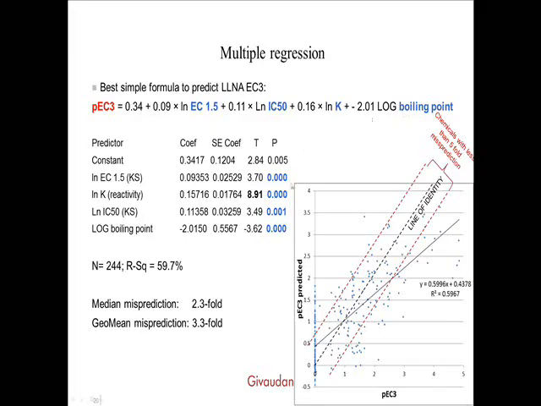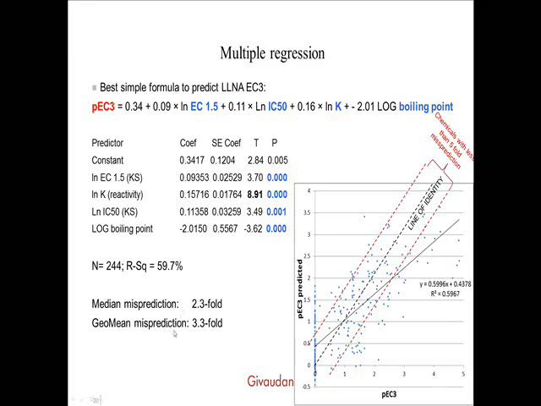And if you look at the statistics, these four parameters, they are all highly significantly contributing to the EC3 value. The highest weight we get for the rate constants from reactivity, but also the other parameters have an important contribution, and together they explain 60% of the variability.